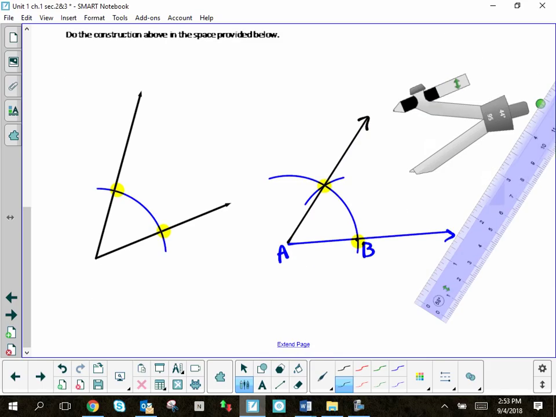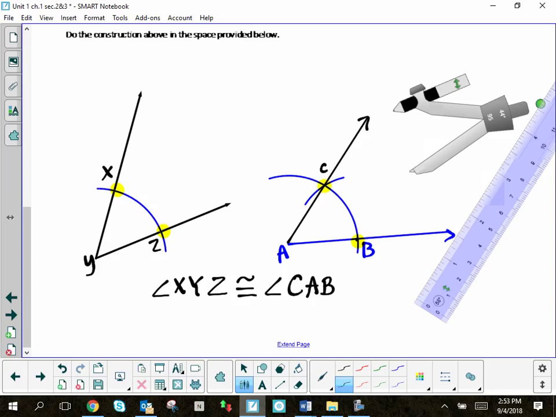Okay, let's call this other yellow point C. Okay, so if this were to be angle X, Y, Z, we have just created an identical angle ABC. So we're going to say angle X, Y, Z is congruent to angle C, A, B.